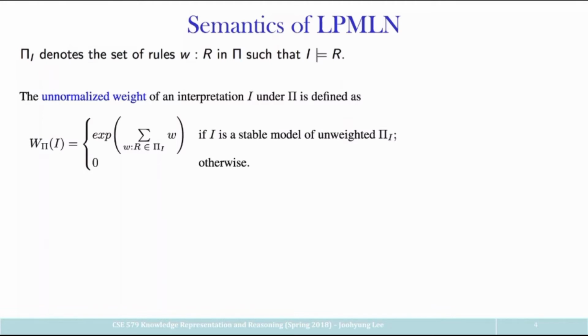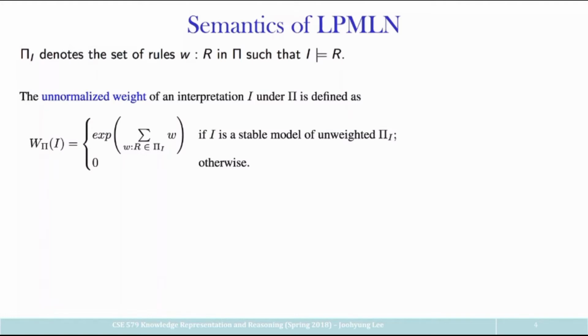So given an interpretation, you can find the subset of the rules that are true under that interpretation. Look at that subset and ignore all the other rules that are not true. Now, within this subset, if I is a stable model of the subset, then we do the same thing as in Markov logic: collect the weights of all the satisfied rules and exponentiate.